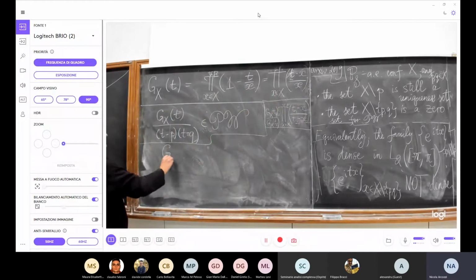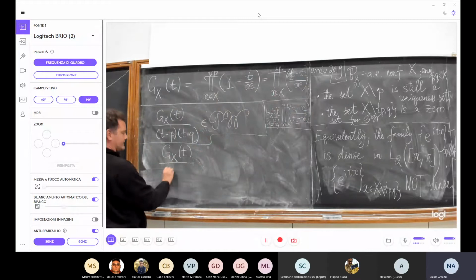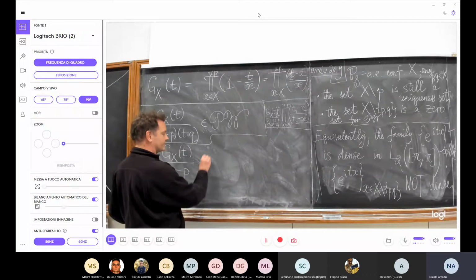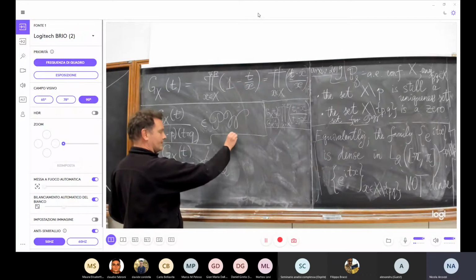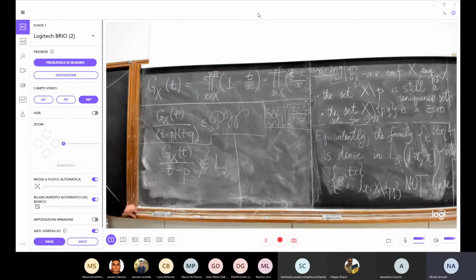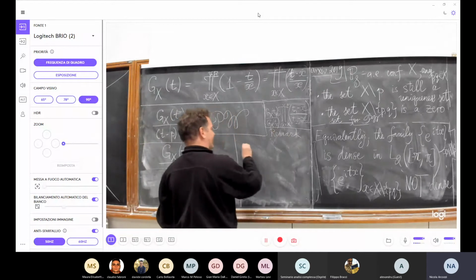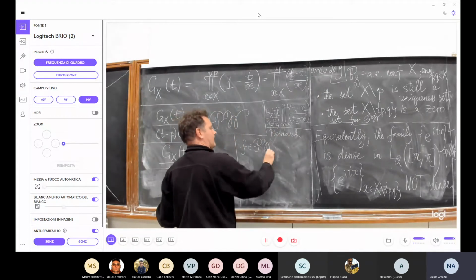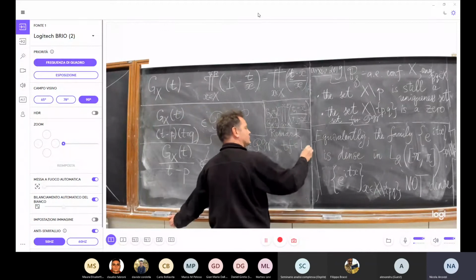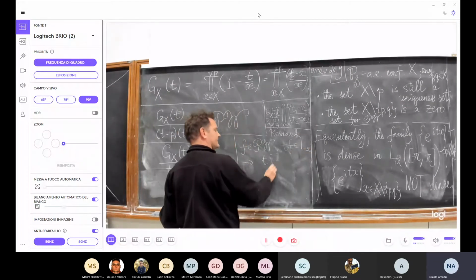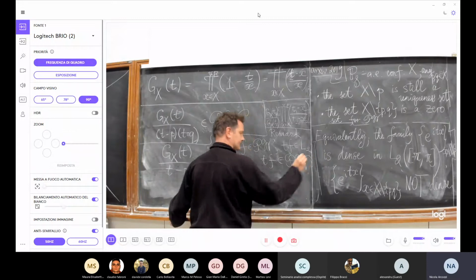But the first part, in fact, is equivalent to saying that G_X over (t minus p), if I divide by only one factor, is not in Paley-Wiener space, for the simple reason that it is not in L2. Observe, by the way, that if it were in L2, it would automatically have been in Paley-Wiener space, because Paley-Wiener space has the property that if f is in Paley-Wiener space and tf is in L2, then tf is in Paley-Wiener space.